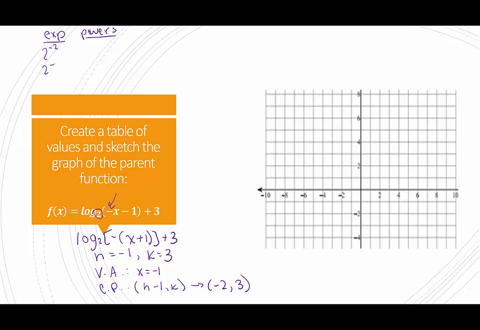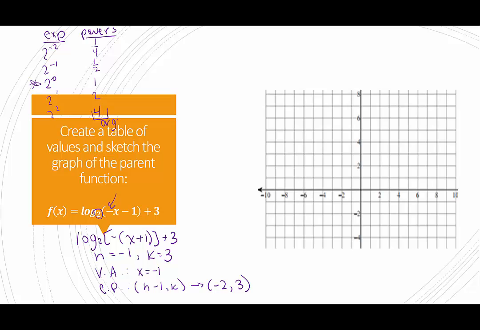So I create the exponents to be -2, -1, 0, 1, and 2. And this one will always be our critical point at that 0. 2 to the -2 would be 1 over 2 squared, or 1/4. 2 to the -1 is 1/2. 2 to the 0 is 1. 2 to the 1 is 2. 2 squared is 4.